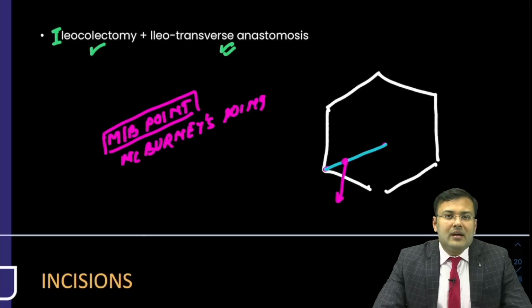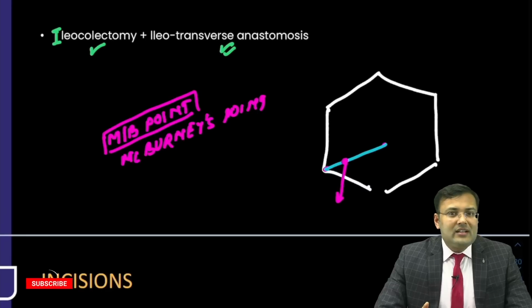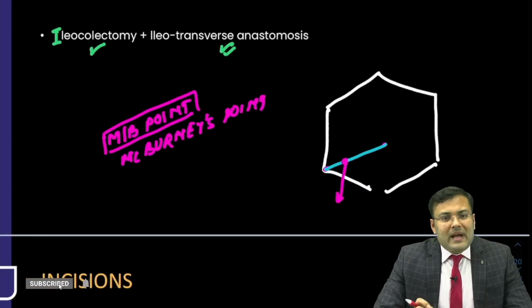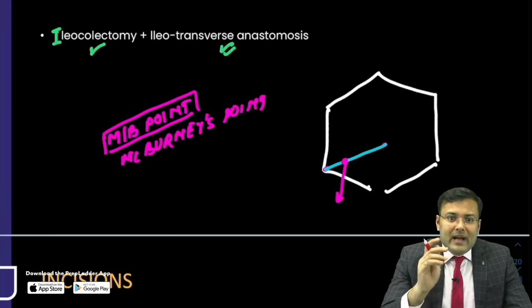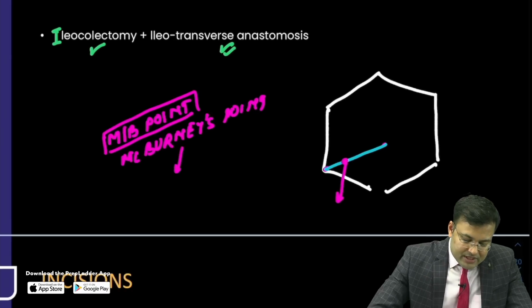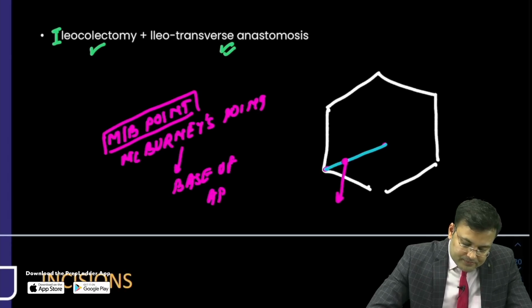Why? Because you know baby ko base pasand hai. How to remember? Baby ko base pasand hai. So now you will not forget. McBurney's point corresponds to base of appendix because you know base is fixed, the tip is mobile. This was the question in NEET PG.